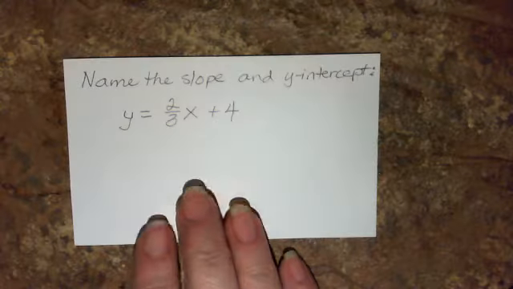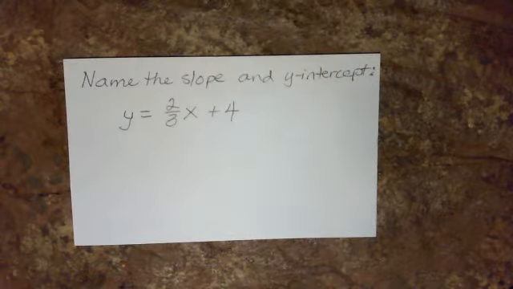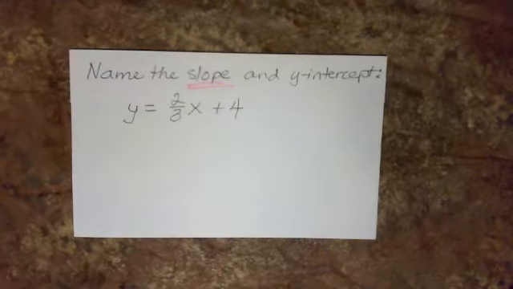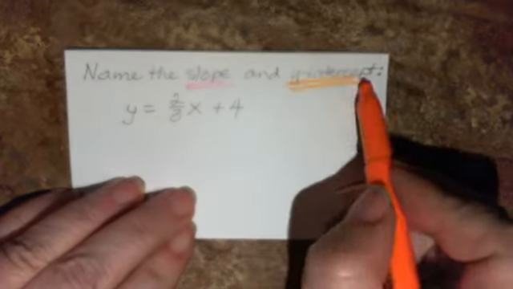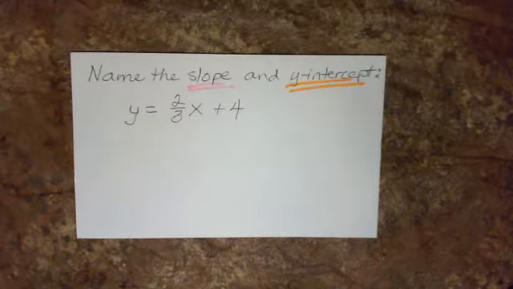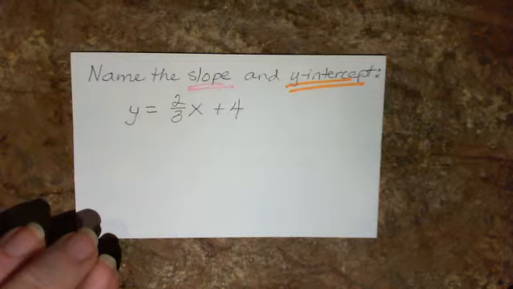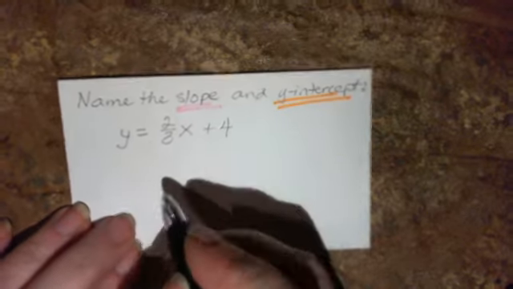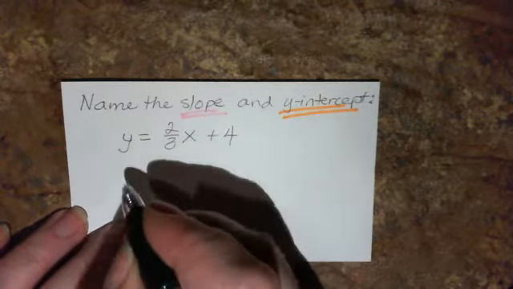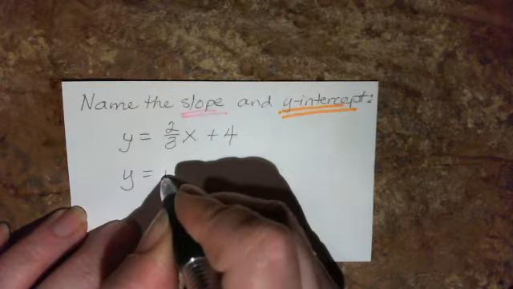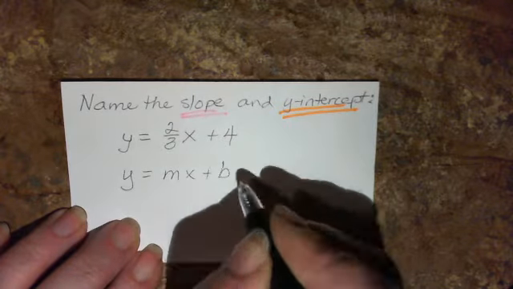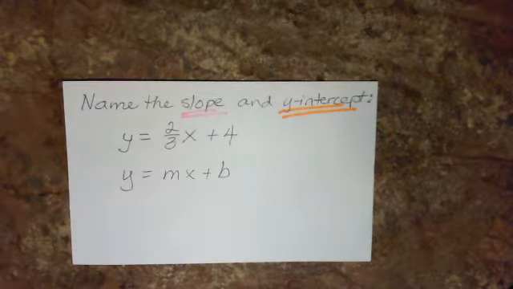Okay, let's look at it from a different perspective now. Let's look at slope and y-intercept from the equation perspective. If we can write the equation in slope-intercept form, what is that? y = mx + b is the slope-intercept form.